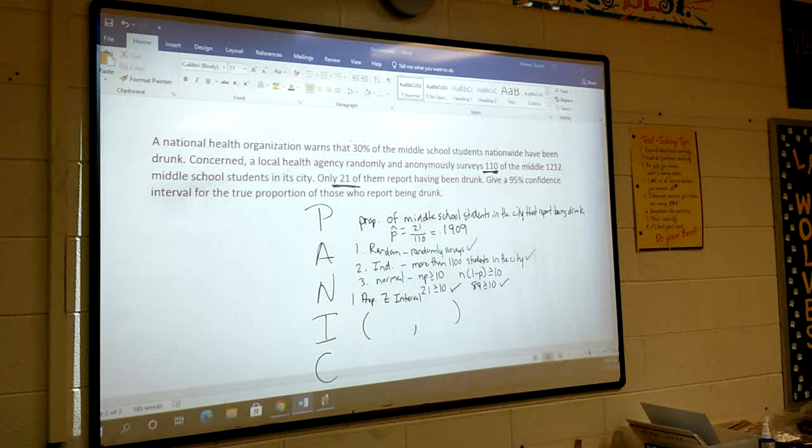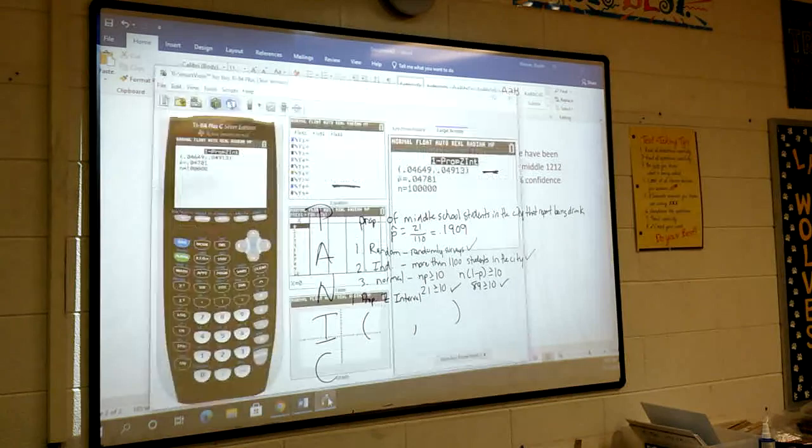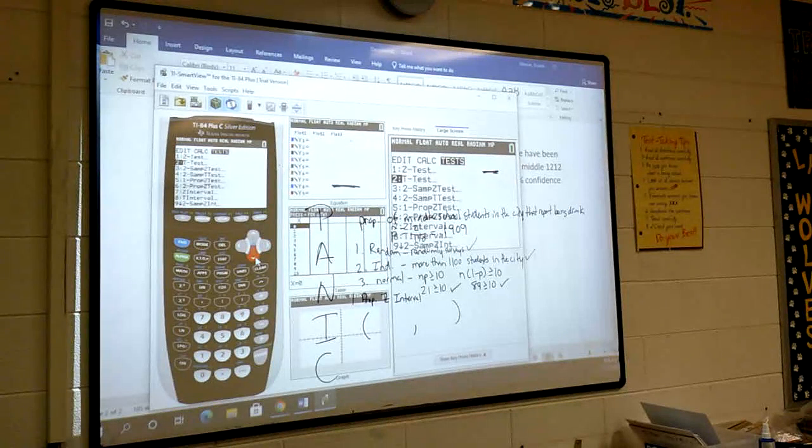Because we only had a sample of 110 instead of a sample of like 100,000 in that last one. So 1 proportion Z interval: we have 21 successes and 110 in our sample size, 95%. We're going to calculate it.